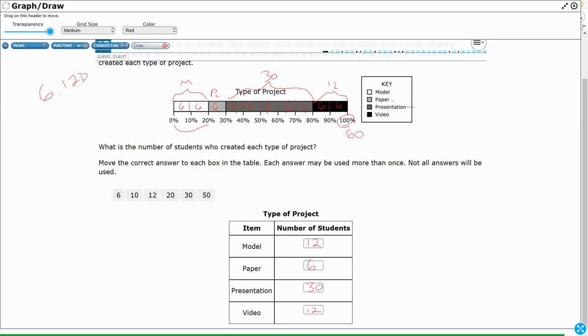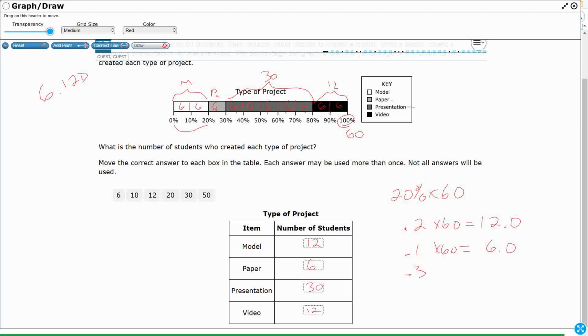So you would multiply 20% times 60, or 0.2 times 60, which equals 12.0, or 12. We would do the same thing: 10%, or 0.1, times 60 equals 6.0. And that's how these numbers come up.